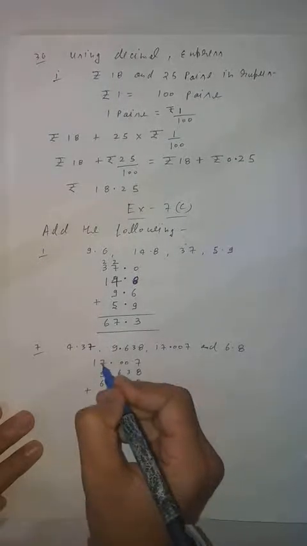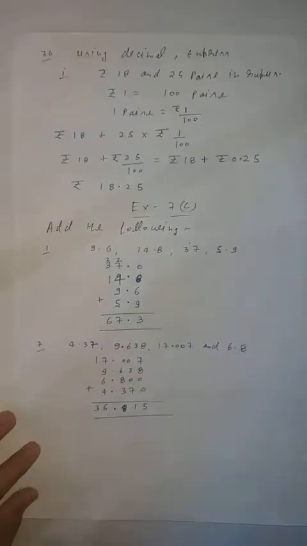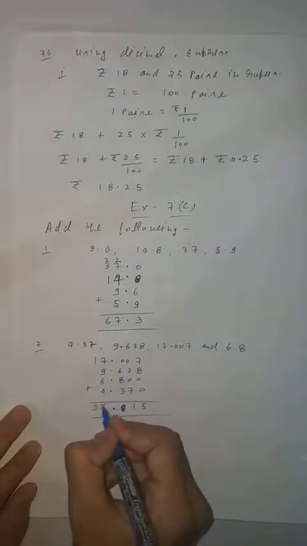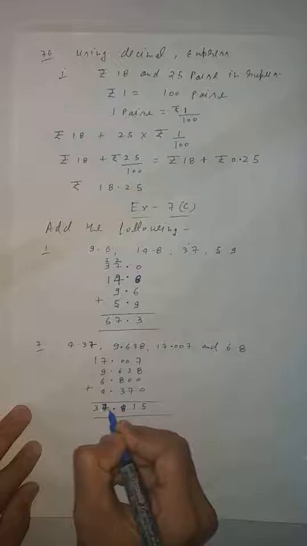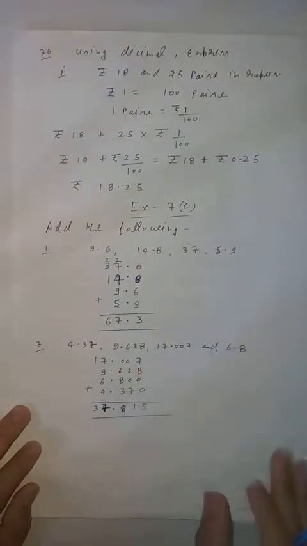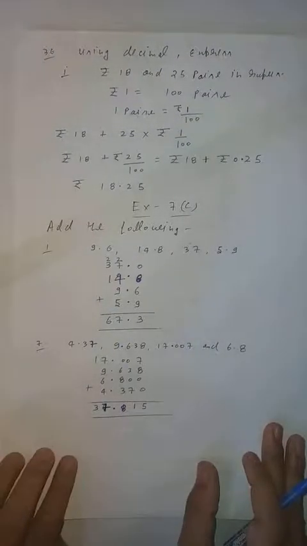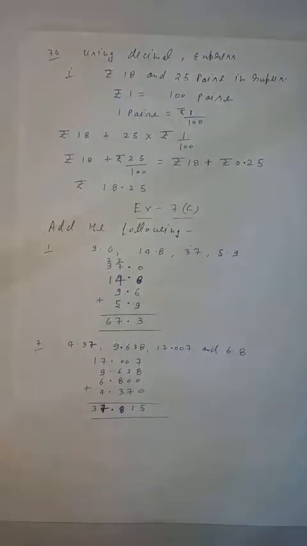So 6, 2 carry, so 1 2 3. Clear students? Sorry students, here should be 37. There is the addition mistake. Okay, it is 37. Clear students? So 37.815 is your correct answer. Clear? Now come to the next question.